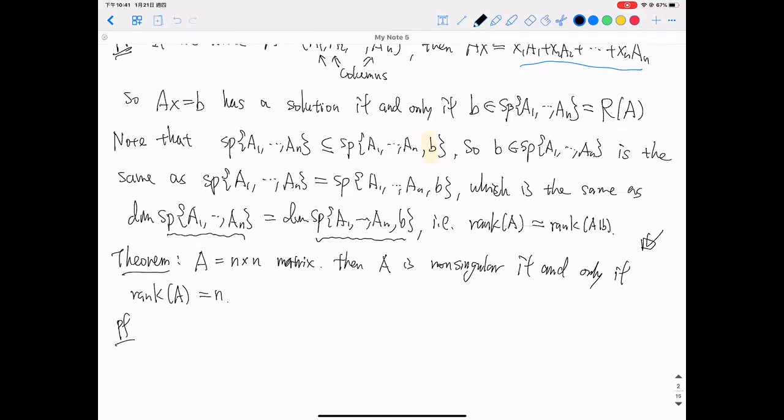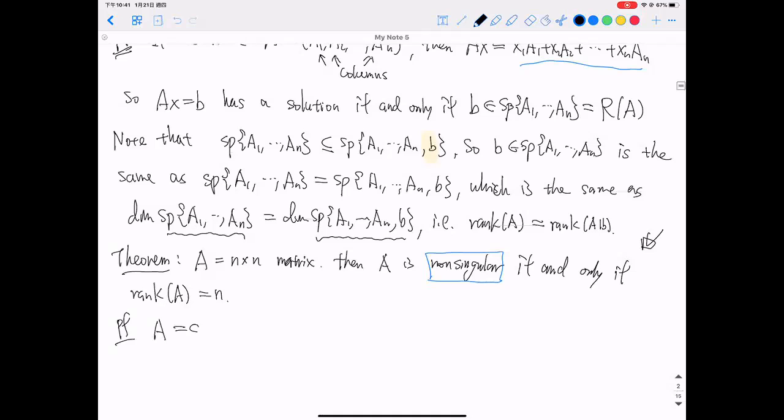Now, remember, A being non-singular means that AX equals 0 has only the trivial solution, right?